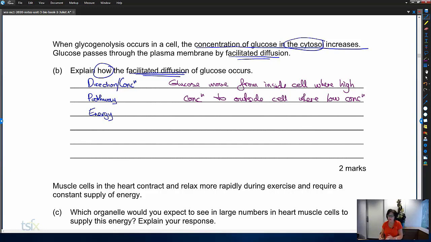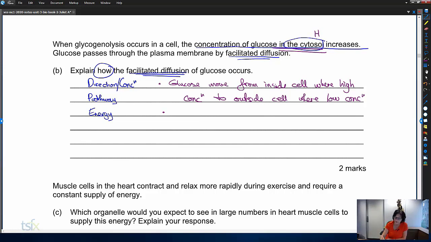Or you could write, glucose moves from high concentration inside to low concentration outside. But the thing is, people said glucose would move into the cell. In this example, inside the cell is high. So it's going to go from inside where it's high to outside. So that was the first point.